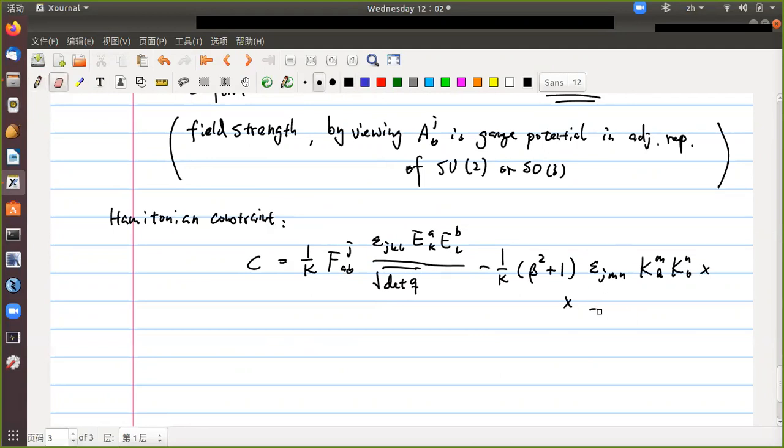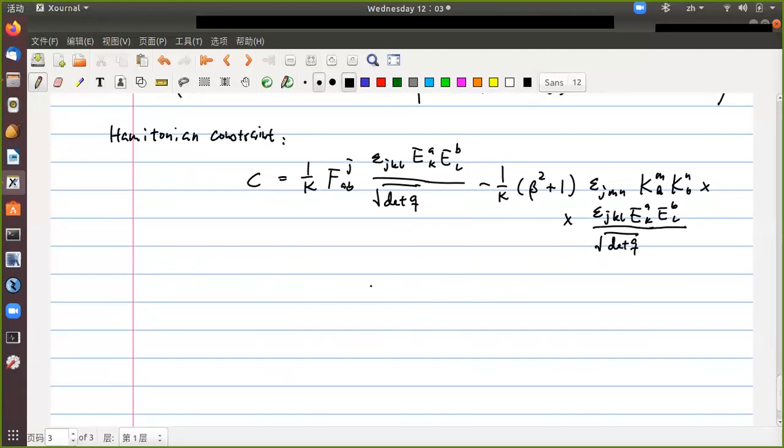The factor multiplying this is the same as the factor in the first term. Okay, and also you have plus terms proportional to the Gauss constraint.